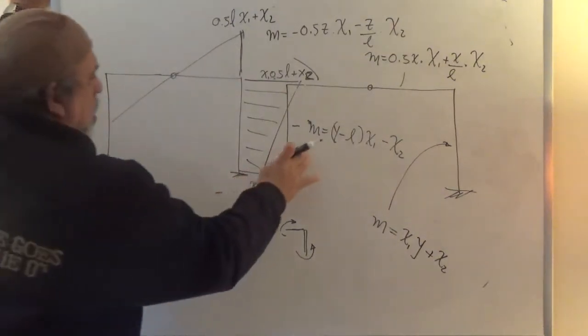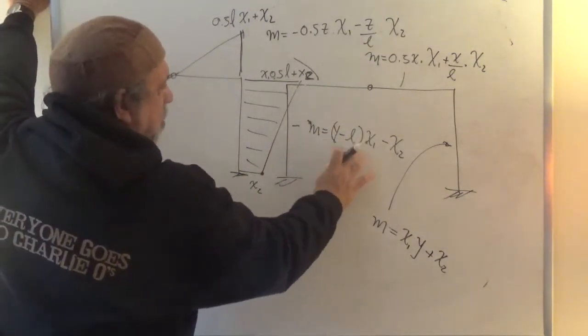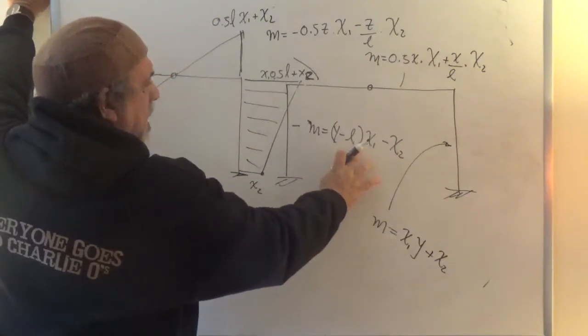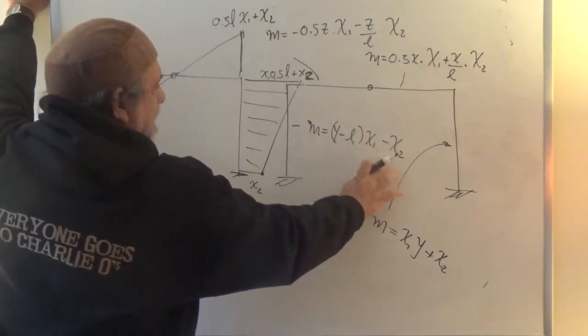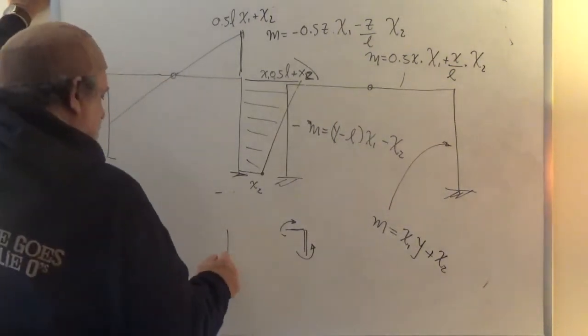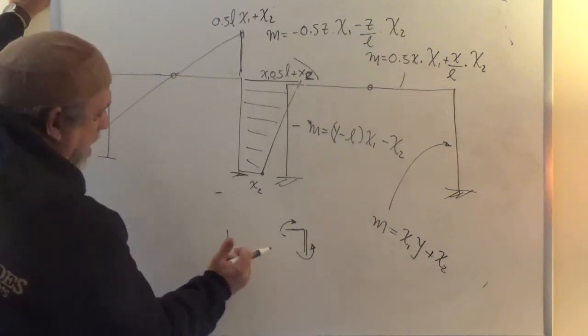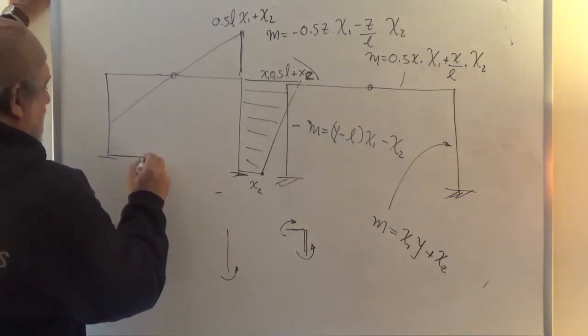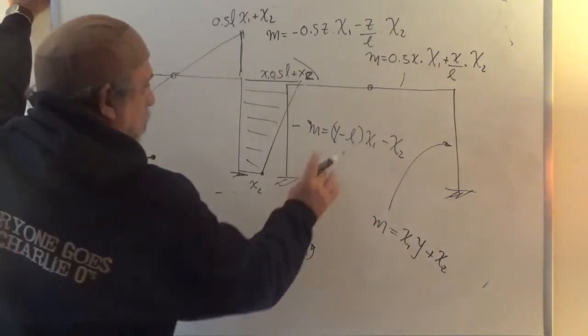Now on this column, at y equal to 0, you have minus x1L, right? Minus x2. That means that on the bottom here, the moment is negative, so the compression, instead of being on the outside, is on the inside, right? So this moment is like this here, and it is equal to what?